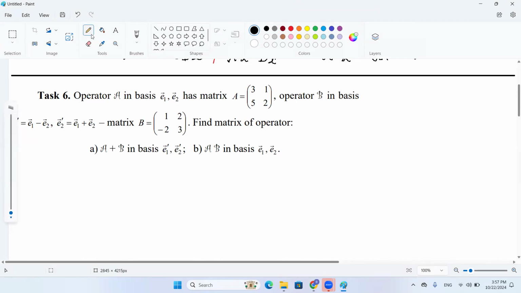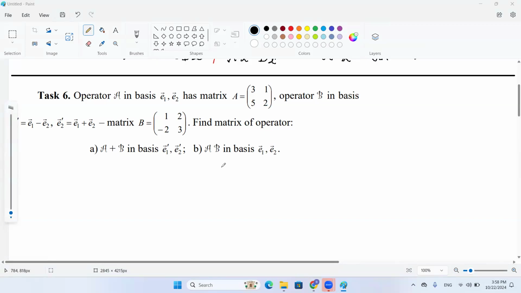Who can answer? No ideas? But we were already doing a similar task.